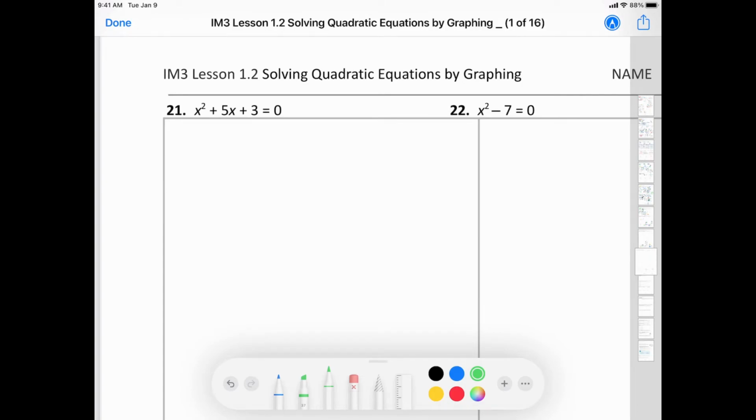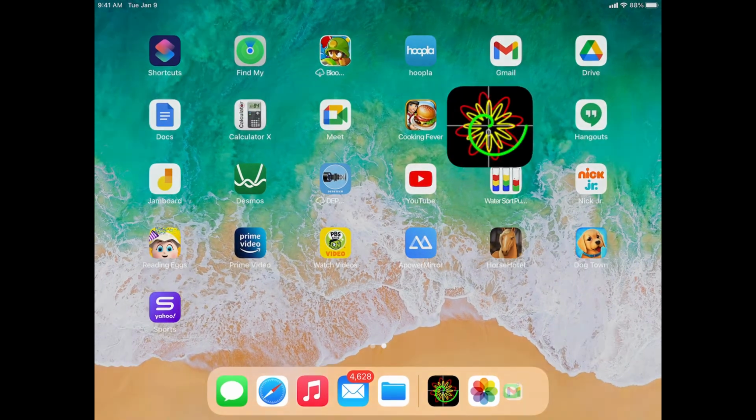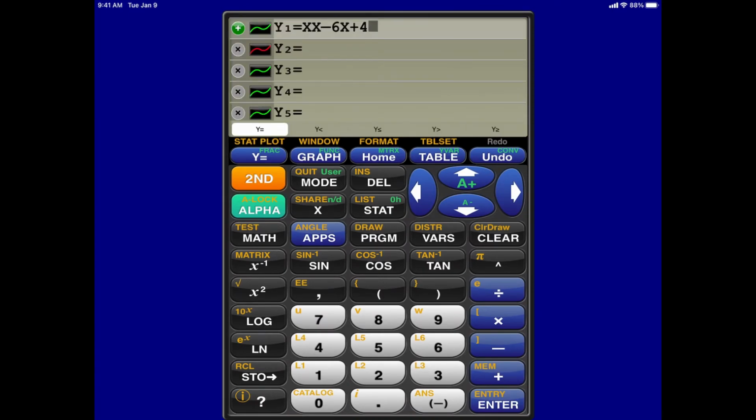Alright, let's look at number 21. Let's go ahead and graph that. Y equals, clear. Again, you can do x squared plus 5x plus 3.